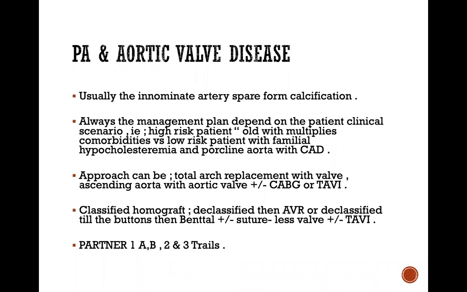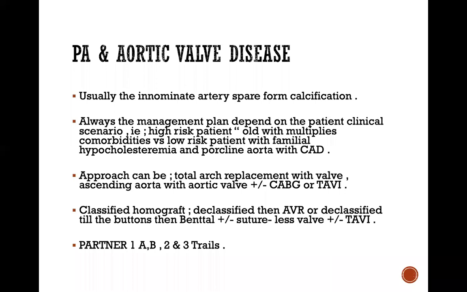The approach will be easy if it is only AVR. Nowadays, we can go with TAVI, but if you have to do CABG, AVR, and mitral, at that time you need to modify your technique.